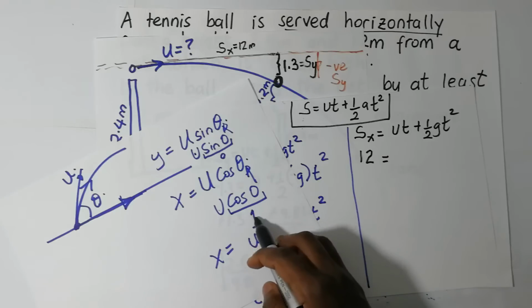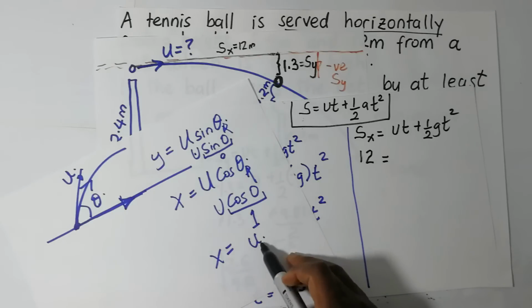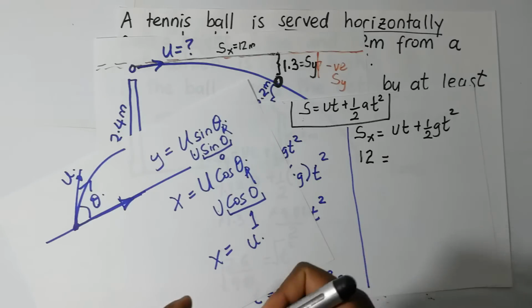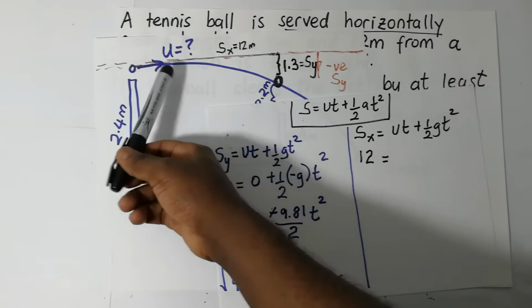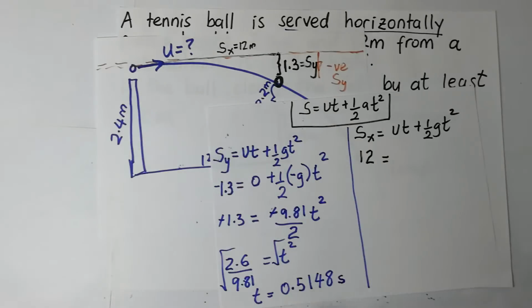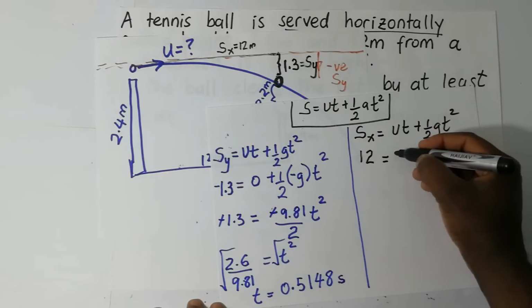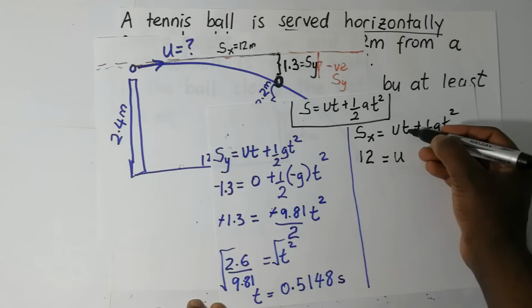Here, the value of theta is 0, u cosine of 0 is 1, so u times 1 is u. And also the ball has been served horizontally, so the velocity is in the x direction, so it's definitely u times time.